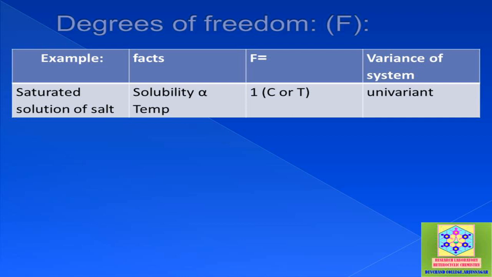So one variable out of concentration and temperature is sufficient to describe the system completely. And that is why this is an example of a univariant system. Degrees of freedom F is equal to 1.